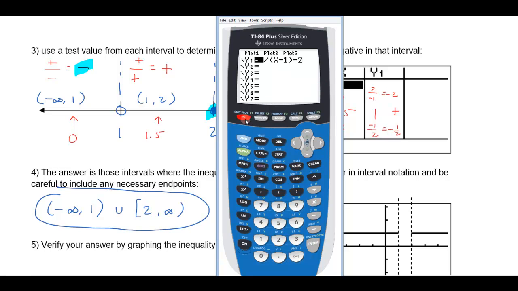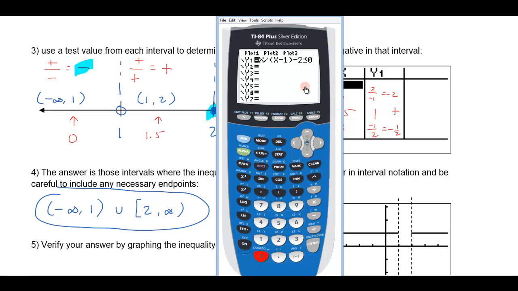Now I can also check this on my graphing calculator. I have an inequality I can put in here. I wanted to know where this was less than or equal to 0. That would give me, let's see, go under the test menu here. I think I want number 6 there, less than or equal to 0.